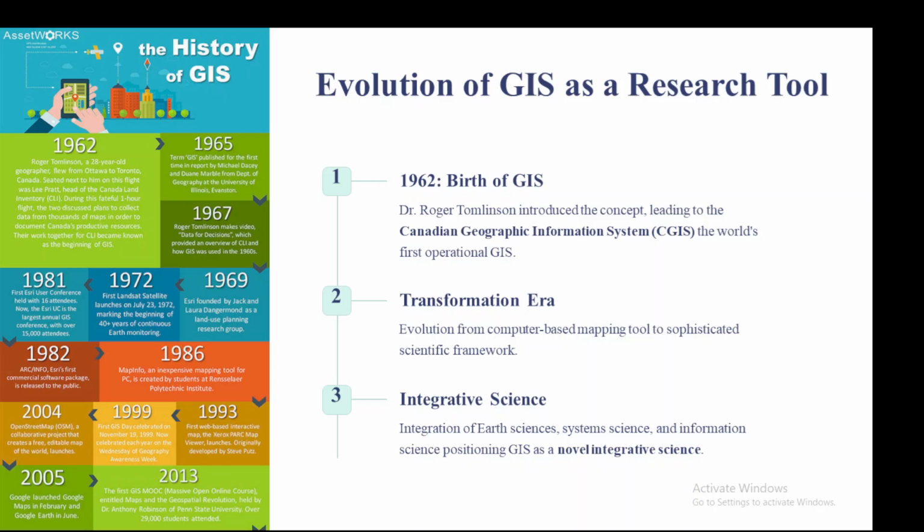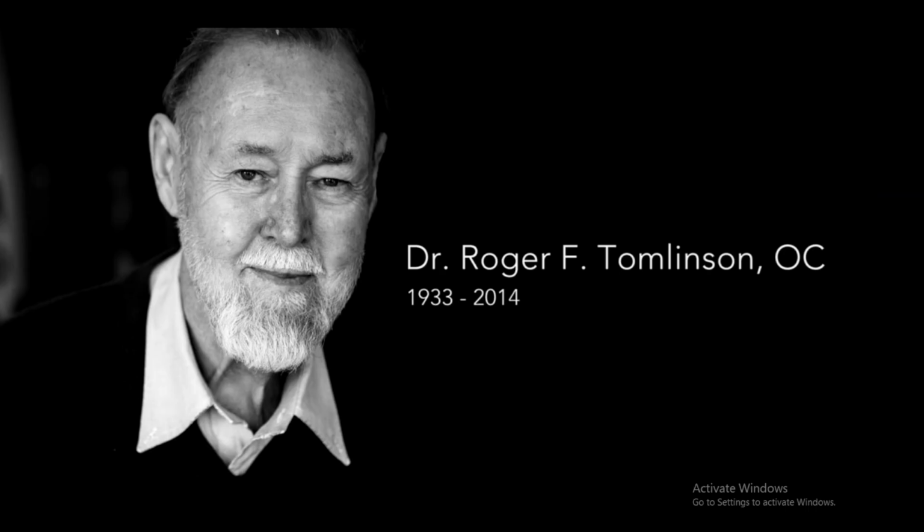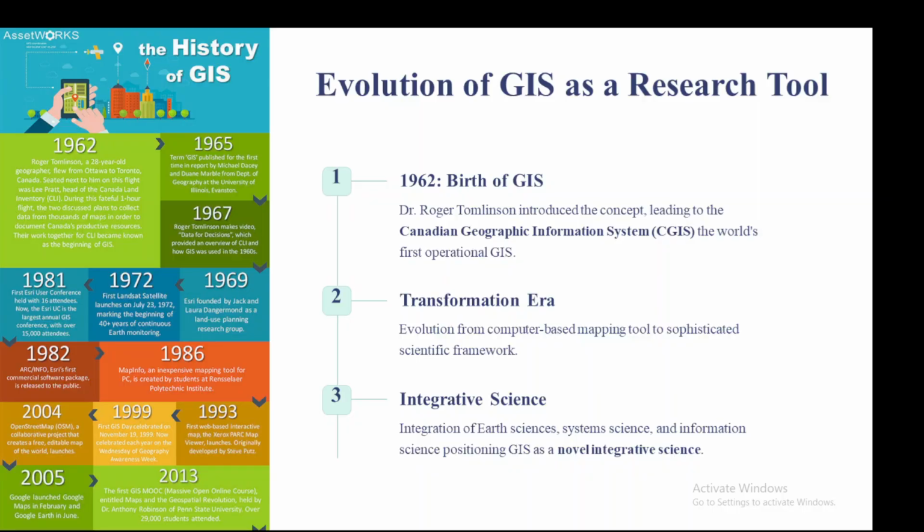That was the first operational GIS. You can see his photograph over here. Then there comes a transformation era. We will also talk about this in more detail. So, evolution of GIS is inextricably linked to advancement of information technology and data processing capabilities.